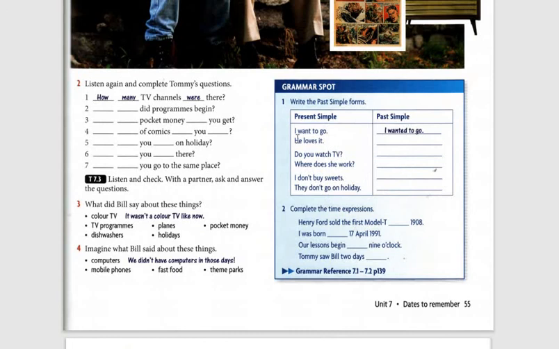So in this example, I want to go. In the past, I wanted to go. He loves it will be he loved it.